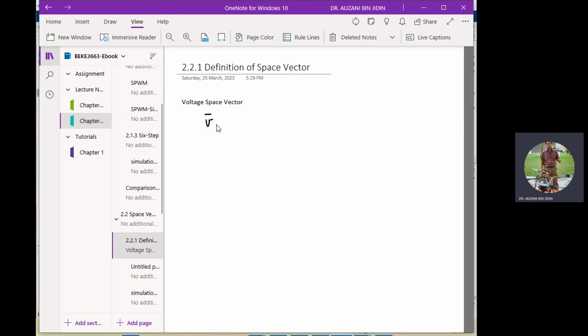Other textbook maybe designated the space vector with the bold letter. Right? For our class, so make sure you put straight line in order to define this unit is the vector. It's not the scalar unit. It's the vector unit.